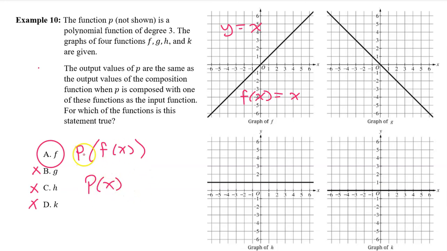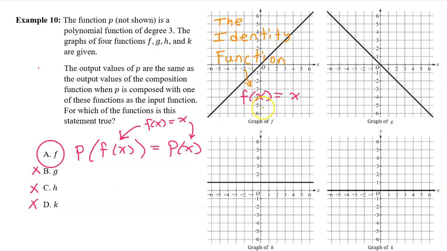So, of course, p of f of x is equal to p of x. The composite is equal to the original function. The function f of x equals x is called the identity function because if you take the composite of any function with the function f of x equals x, you just get the original function back again.